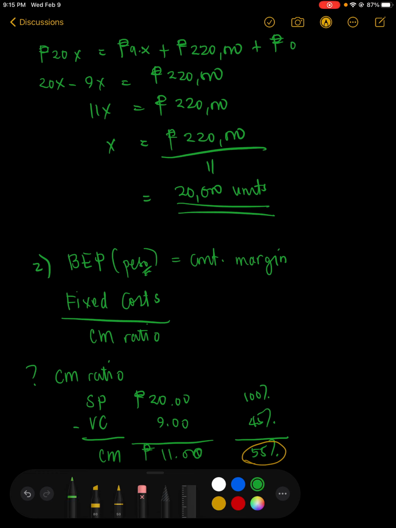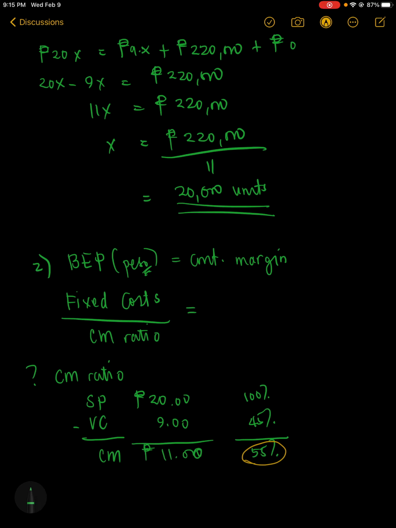Alright, and when we go back to our problem, for the computation of the BEP in pesos, we just substitute. Our fixed cost is 220,000, and then you divide it by 55%. If you do your math, your answer will be 400,000 pesos. Okay, so that is the computation of the BEP in terms of peso sales.